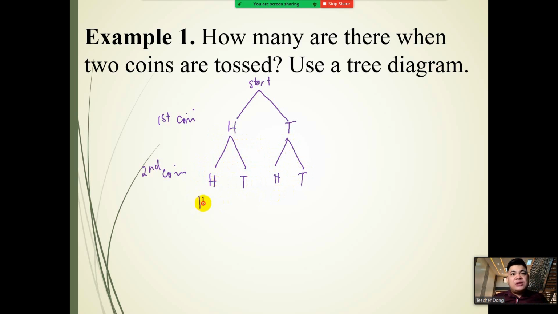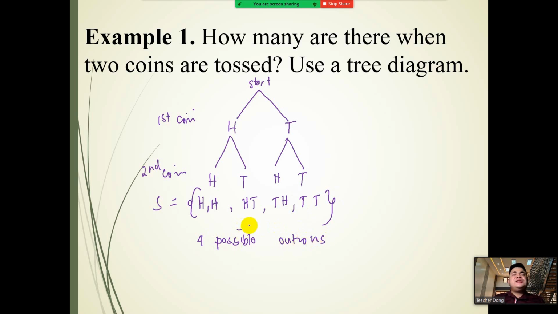So the possible outcomes are H and H. We also have H and T. We have T and H and T and T. So this is now what we call your sample space. So right? We are able to have our sample space, and if you count them, we have 1, 2, 3, 4. So therefore, we have 4 possible outcomes.